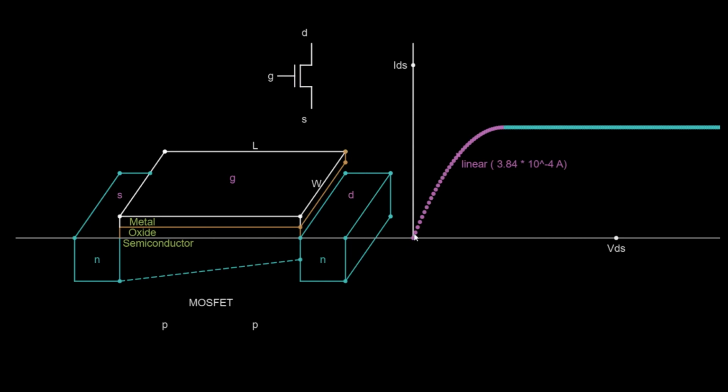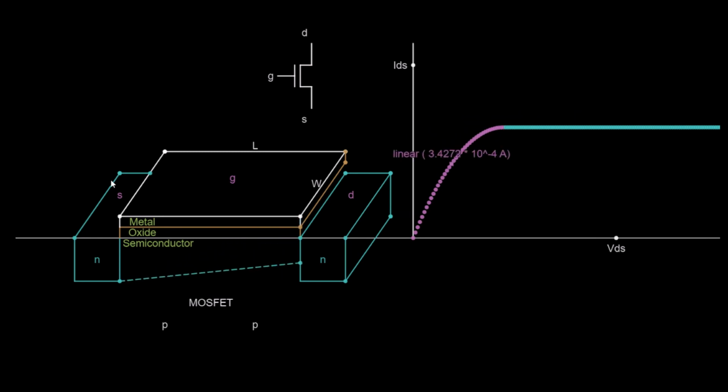And again, we can move up and down this curve here by changing the drain voltage. You can see us moving up along the curve, and we're in the linear region in pink, and we're in the saturation region in blue.